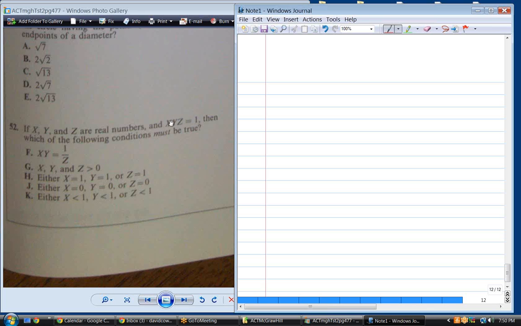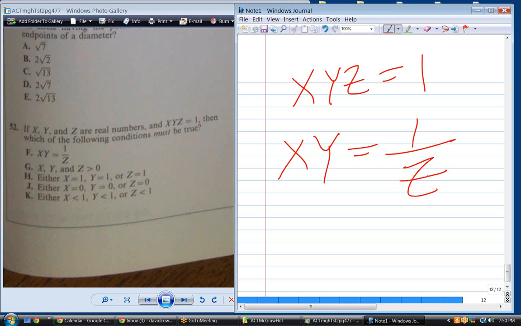So if we just algebraically start with X, Y, Z equals 1 and divide both sides by Z, which is always correct to do unless Z is 0, then that's the only time you can't do it. Yeah, I read like Z is 2. Well, Z could be 2. Z could be 2, Y could be 1/2, and X could be 1.